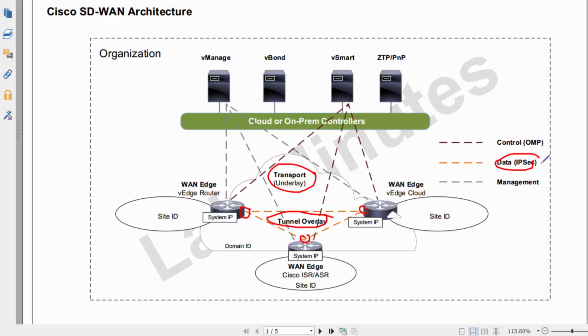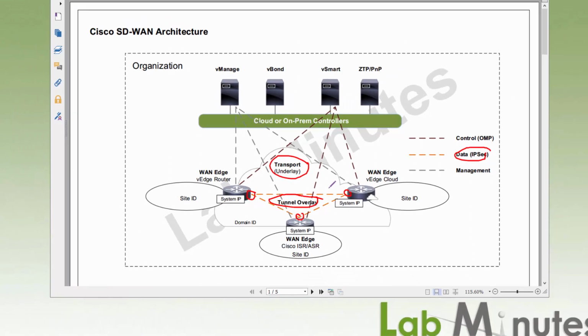By default, the WAN edge devices build a full mesh overlay of IPsec tunnels, as you can see right here, and there's almost nothing that you need to do to bring up these tunnels, right? Because they are negotiated and established dynamically, or automatically, for you by the system.